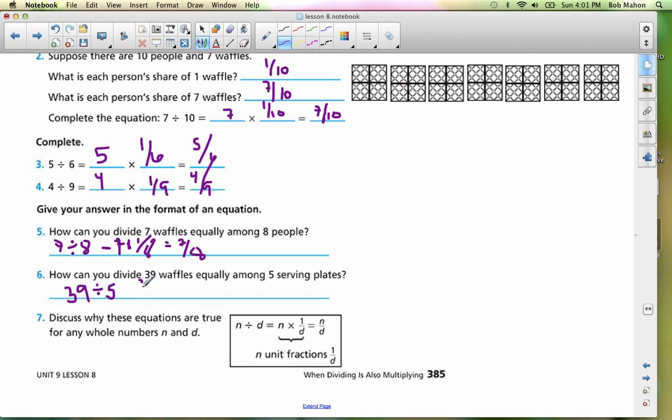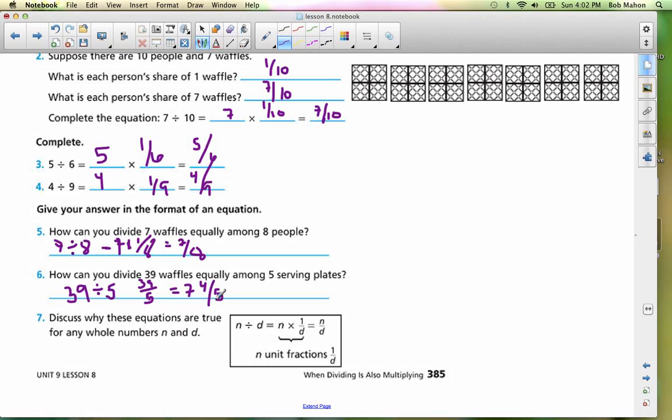Because that's an improper fraction, you would want to make it a mixed number. So thinking about how many times 5 can go into 39, it can go in there 7 times. You can pull 7 fives out of 39. So you'd have 7, and what's left over is 4/5. So everybody would get 7 waffles and 4/5 of a waffle on the plates.